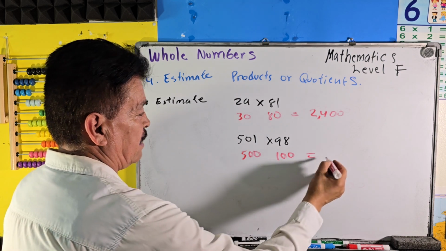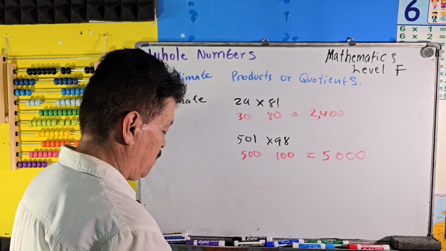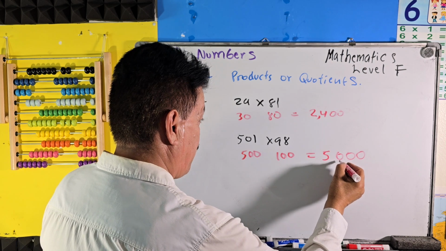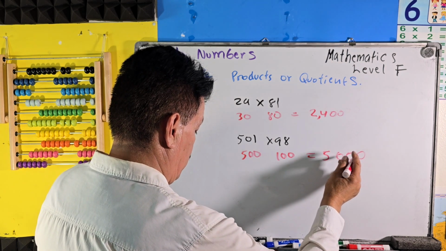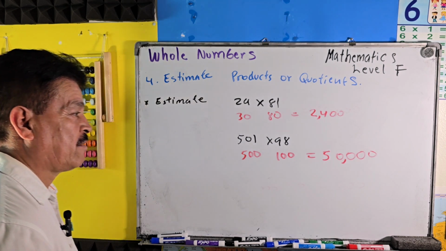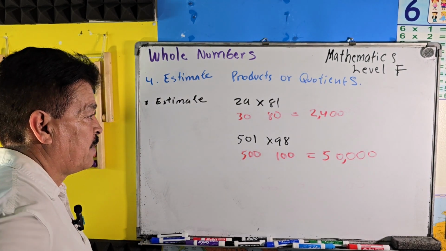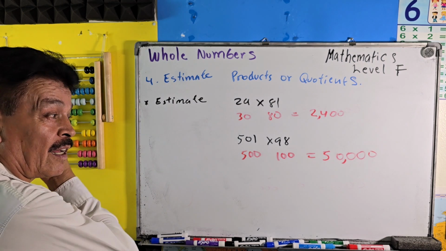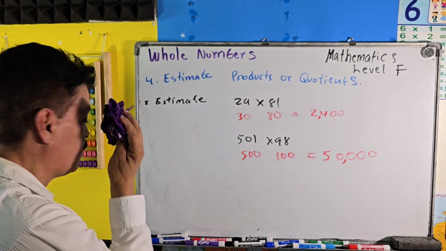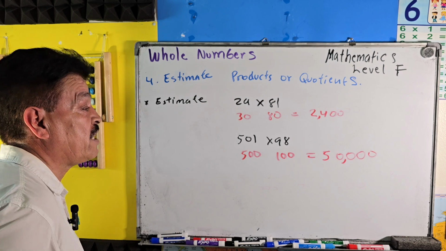You multiply, it's 5 right here. How many zeros? 4 zeros. 50,000. It's very simple. Just estimate it. It also finds the closest answer.